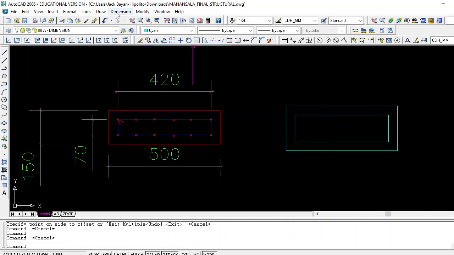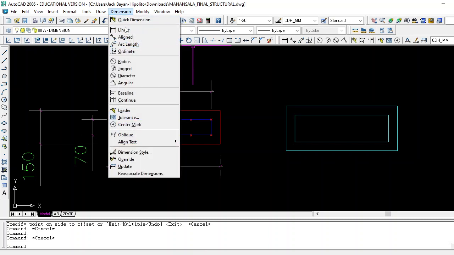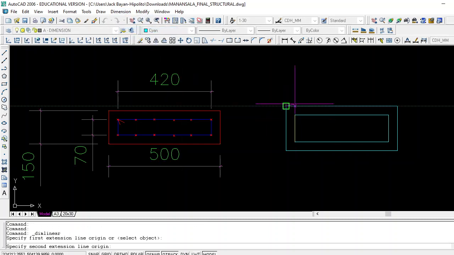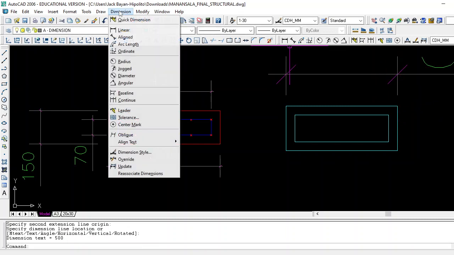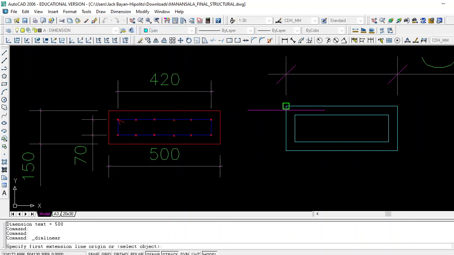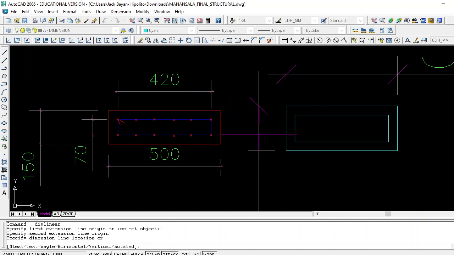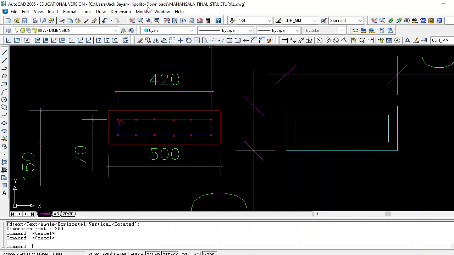Ganun rin sa beam. So, pag kinonsider mo to, originally, we have 500 by 200.